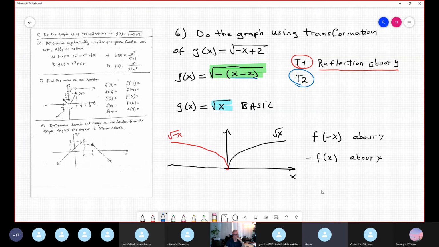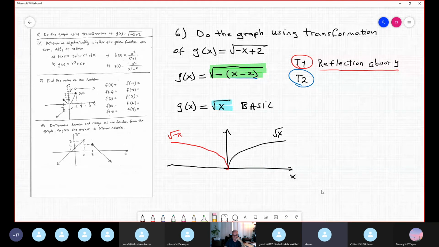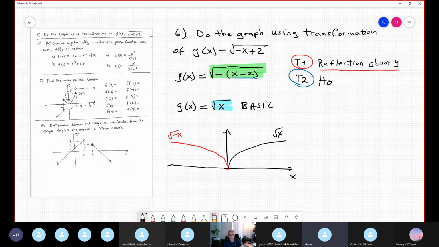What about this? In your opinion, it's going to shift to the right. Exactly. Very well. It's a horizontal shift to the right.